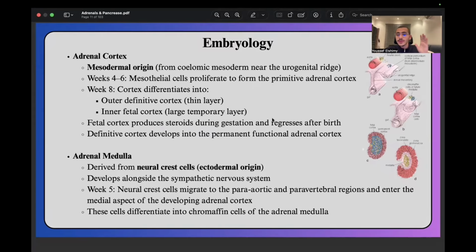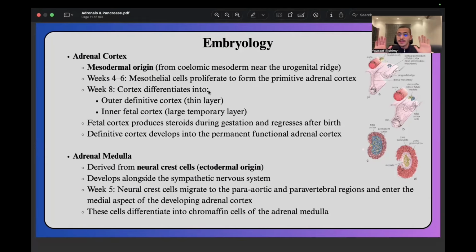So we mentioned that there's adrenal cortex, adrenal medulla, different hormones here, different hormones there. Since there are different functions, it means that they are derived from a different origin. So adrenal cortex, mainly they are derived from the mesoderm. What happens is that the coelomic mesoderm near the urogenital ridge moves and proliferates between week 4 to 6 to become the primitive adrenal cortex.